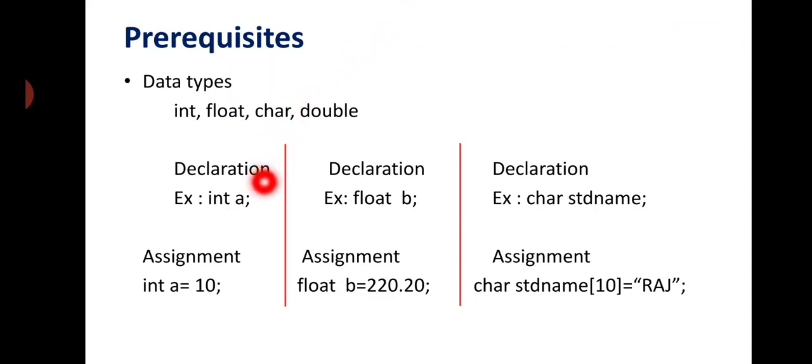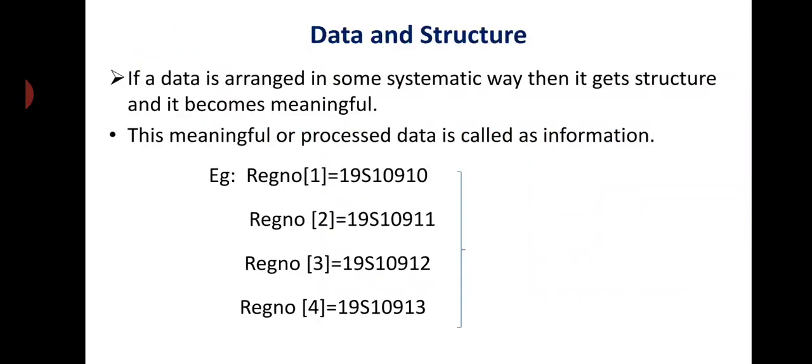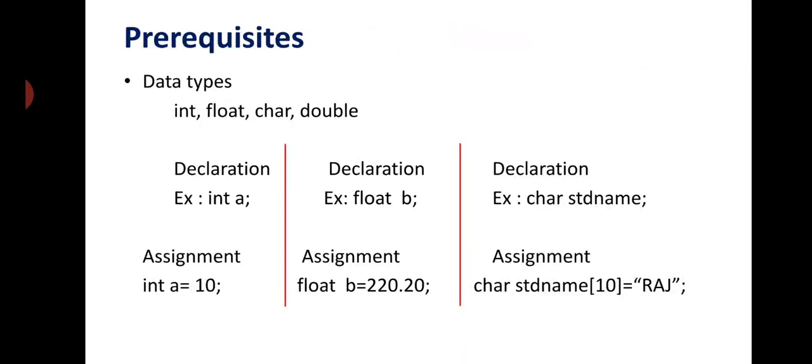A is a variable of the type integer. In the same way, b is a variable of the type float, and student name, std name, is a variable of the type character. In the same way, assignment is done. So this is how to declare and assign data types.